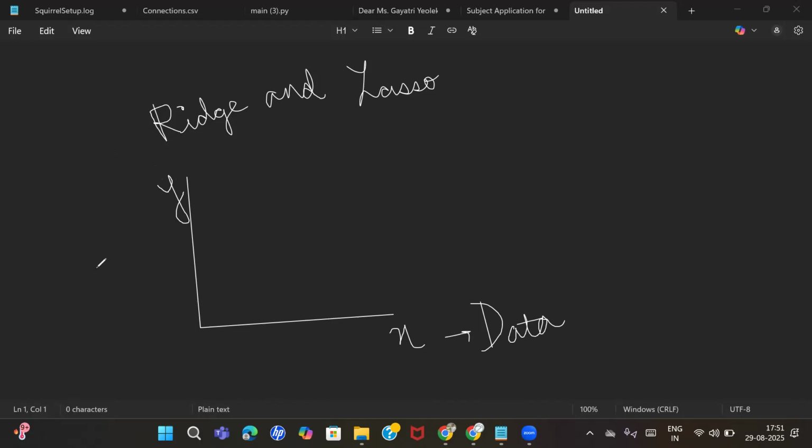So for example, I have three data points: here is one, here is another, and here is another. If I try to draw the best fit line, how will the best fit line look like?